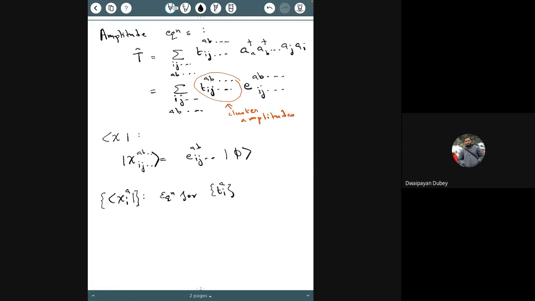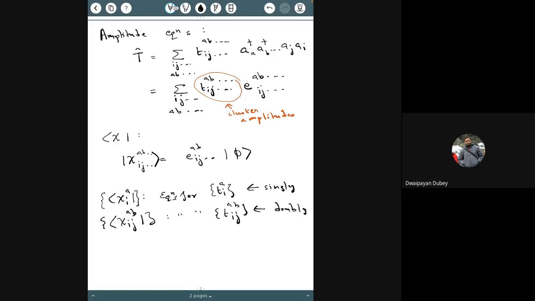The equations for the single excitation cluster operators, and you can project with the set of doubly excited determinants, and you get equations for Tij to AB, which are the doubly excited. And if you want triples, you go on and on and on. But they are not independent equations, so they are all coupled.